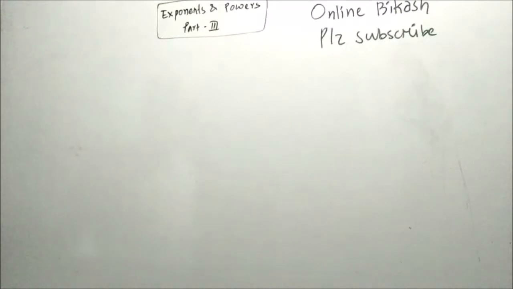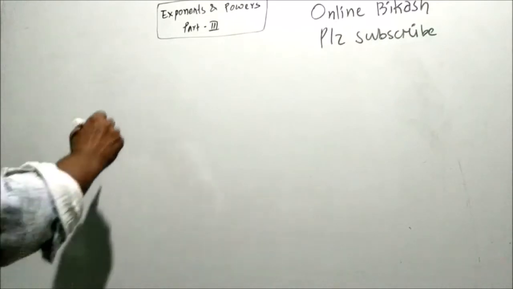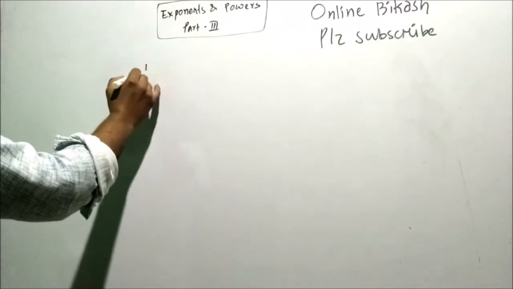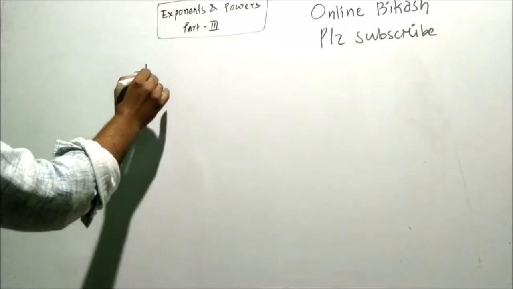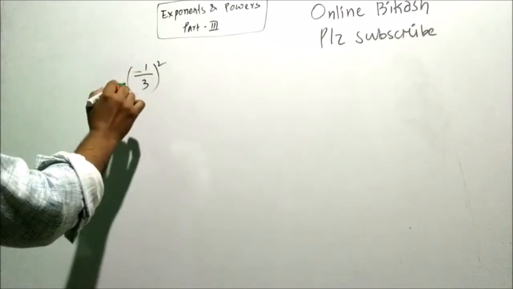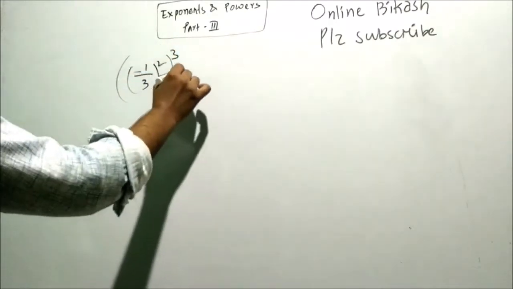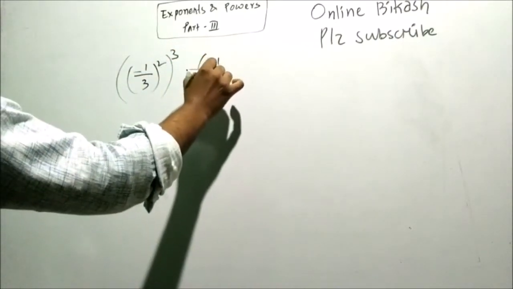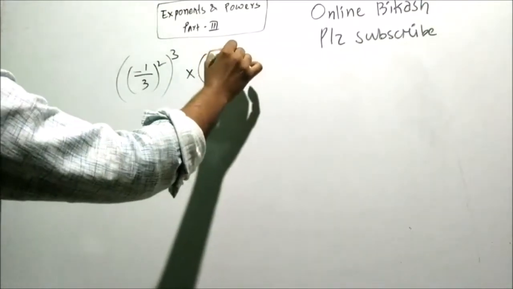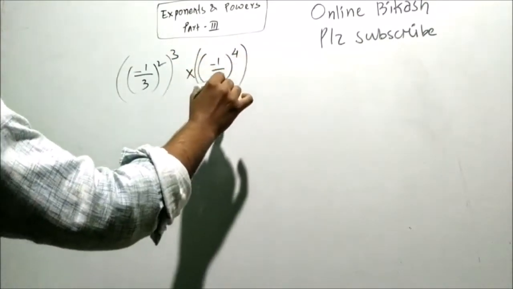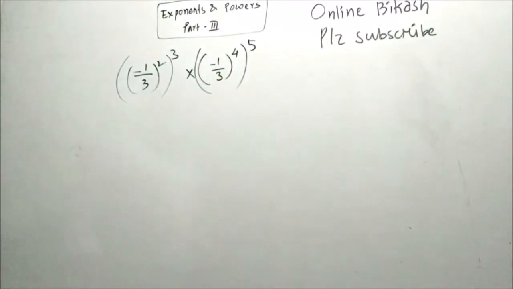So let us take this one: minus 1 by 3 whole squared, another power, that is 3, multiplied by minus 1 by 3 to the power 4 whole to the power 5. We have to express this with a single exponent. Single exponent means you have to simplify it.